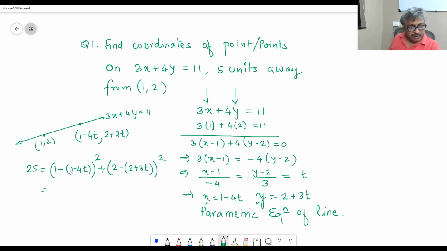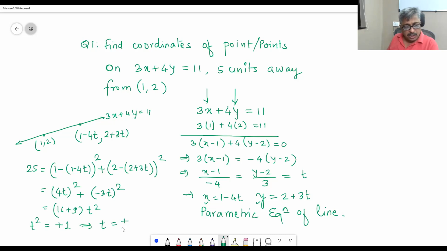If I open this bracket, 1 will get cancelled, minus 4t squared plus 3t squared. That makes it 16t squared plus 9t squared, which is 25t squared. That makes 25. So t squared is equal to 1, that makes t equal to plus or minus 1. If I substitute this t back into the x, y formula, I will get 2 points.